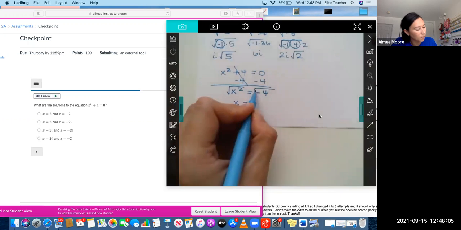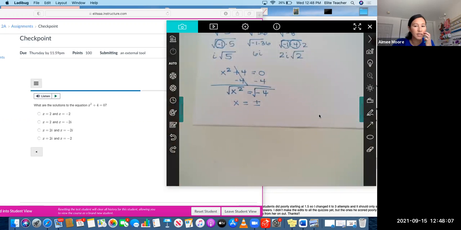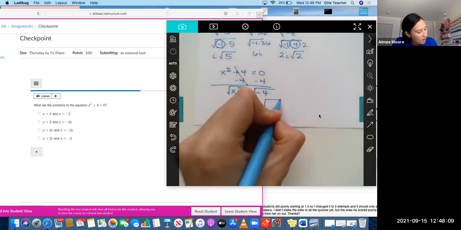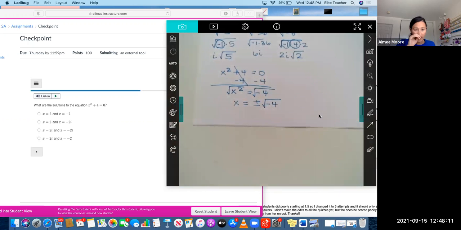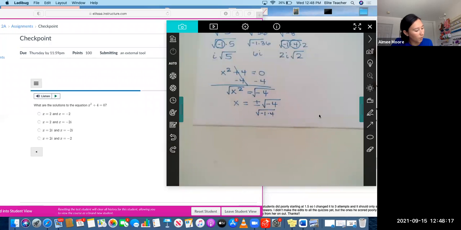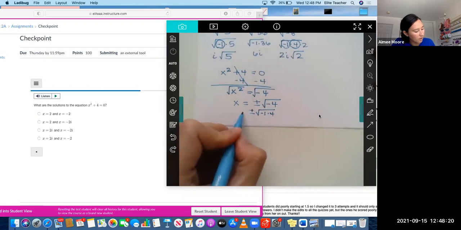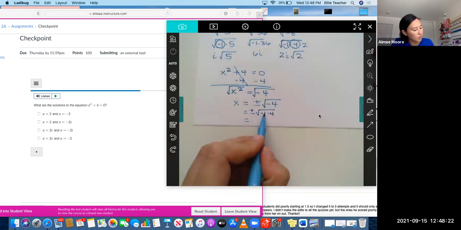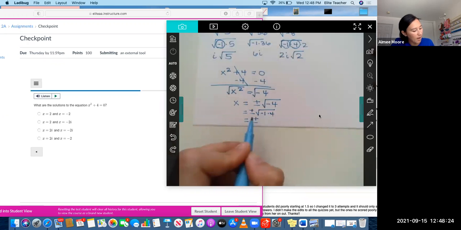So x equals, and remember when we take the square root, we get a positive and a negative, the square root of -4. And so the square root of -4 is the square root of -1 times 4. And so the square root of -1 we know is i, and the square root of 4 is 2.